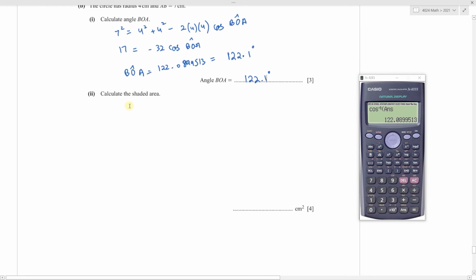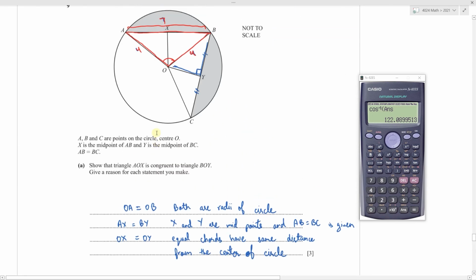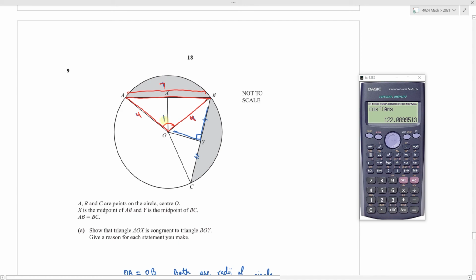Next part is calculate the shaded area. So you know that this angle is 122.1 degrees now, and these two triangles are the same. We have already shown that this is congruent to this. So all four of these small triangles are exactly the same. So basically I will find this shaded area and multiply it by 2 because this other side is exactly the same as this one.